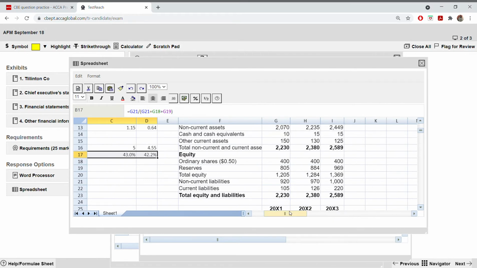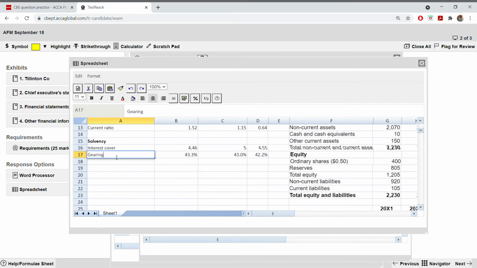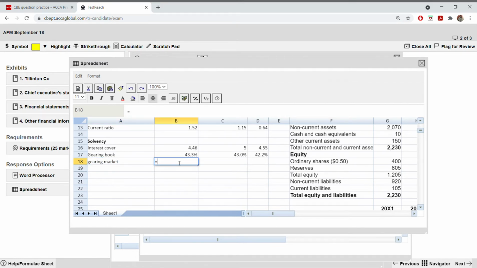Now gearing book, okay, your share price is based on book value. Now gearing on market, I'm just writing the short form. Gearing based on market value of shares. Everything remains the same.